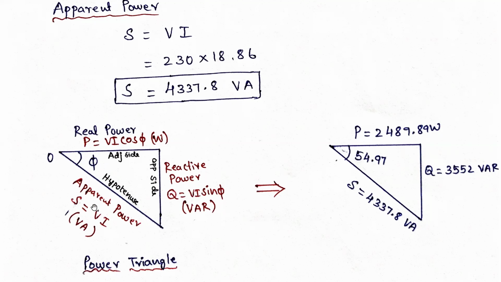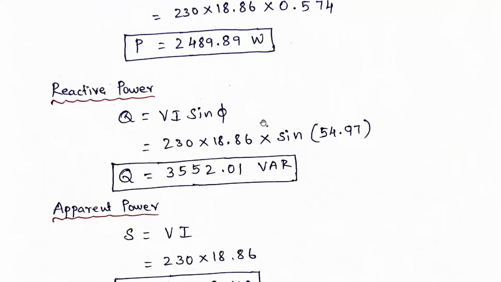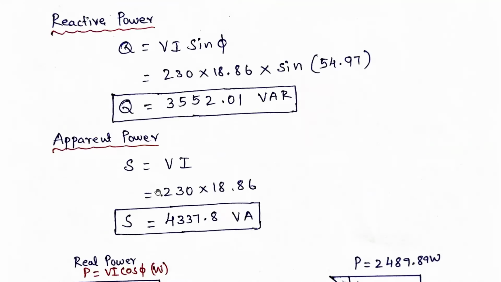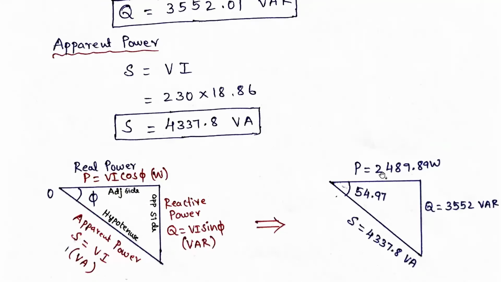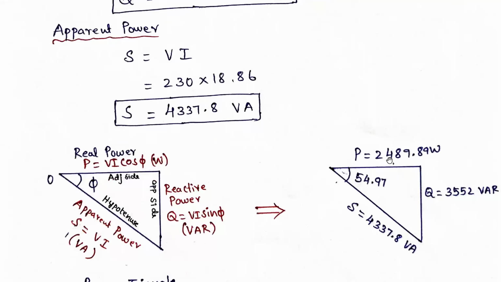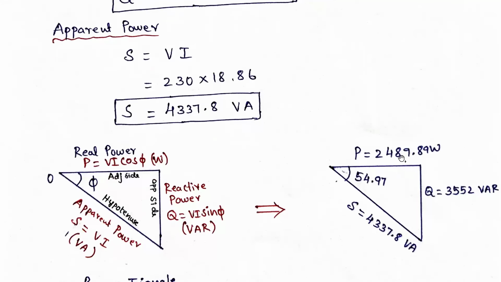What is apparent power? Apparent power is V into I. The unit of apparent power is VA. Real power we calculated, reactive power we calculated, and apparent power we have also calculated. Just substituting here, power P is equal to 2489.89 watts, S is equal to 4337.8 VA, and reactive power Q is equal to 3552 VAR.